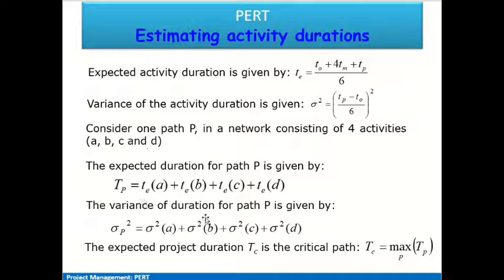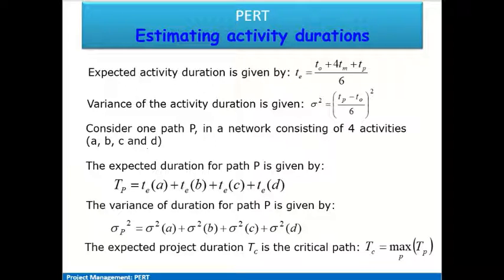Similarly, the variance of duration for that path is also the summation of variances associated with activities A, B, C and D. And the expected project duration is the critical path duration, which is the longest path duration, and that is given by the maximum TP value. So we estimate along different paths the time durations, given by the sum of the expected times for different activities on that path, and if we take the maximum value of that, that is equal to our project duration or the critical path duration.